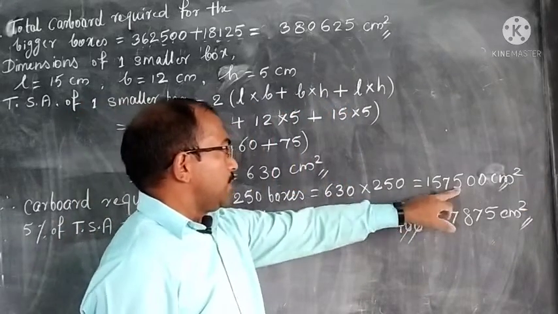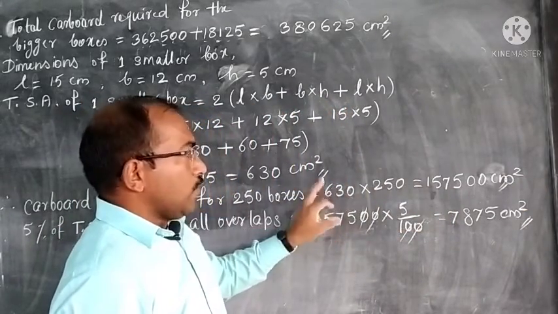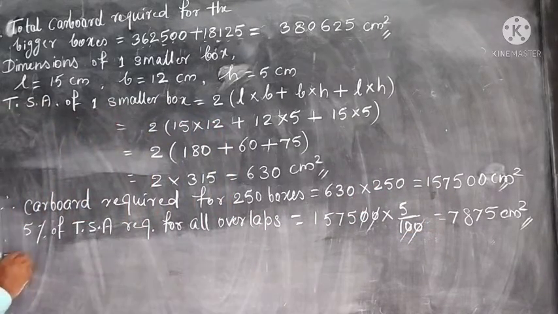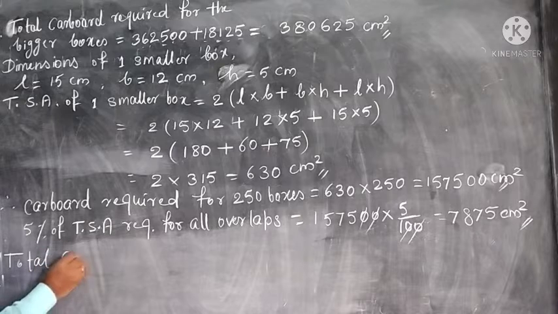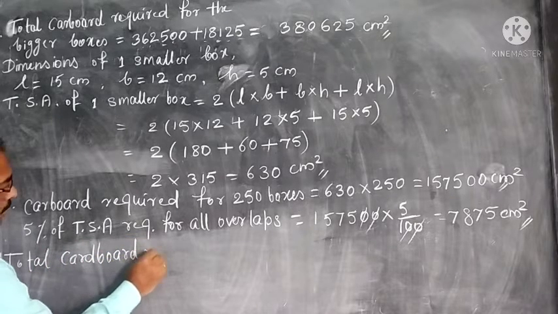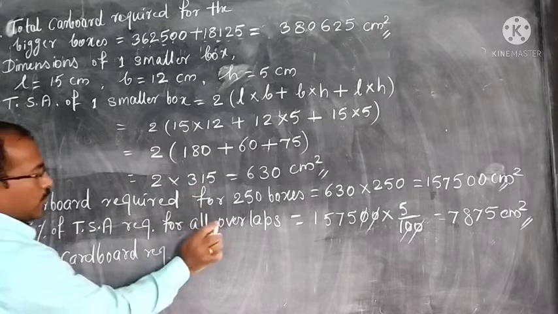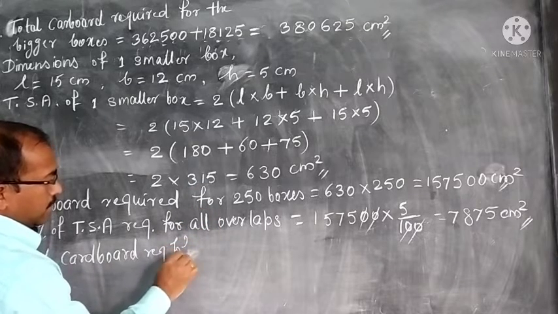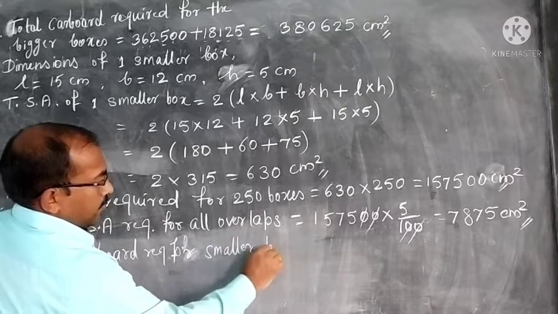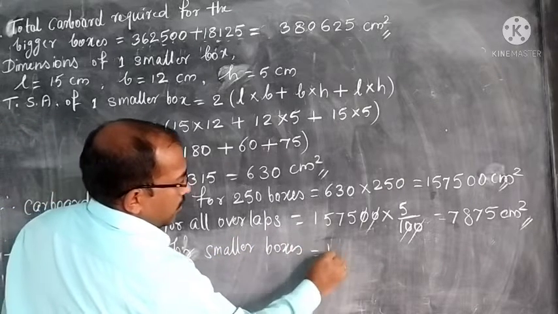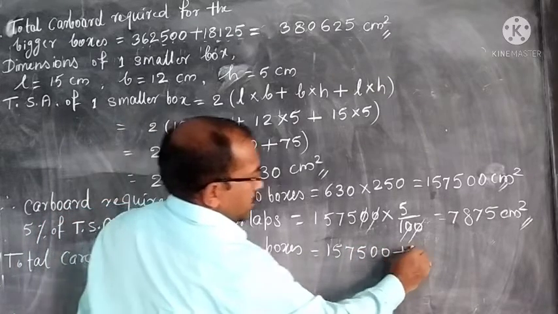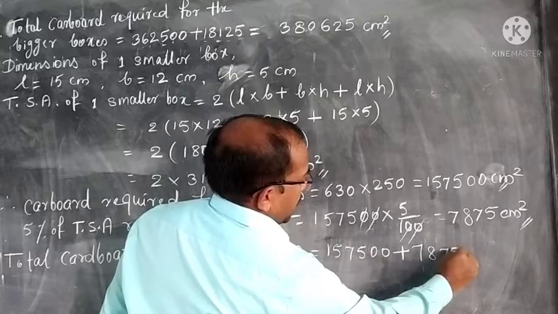So total cardboard required for smaller boxes will be 157,500 plus 7,875.